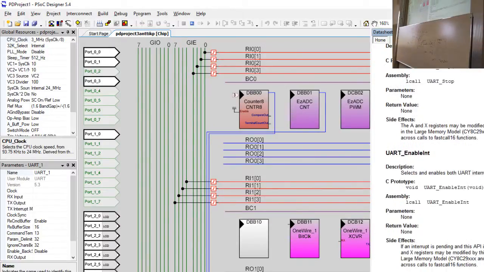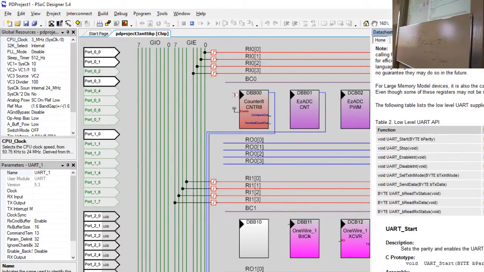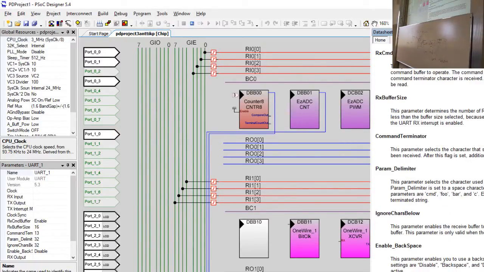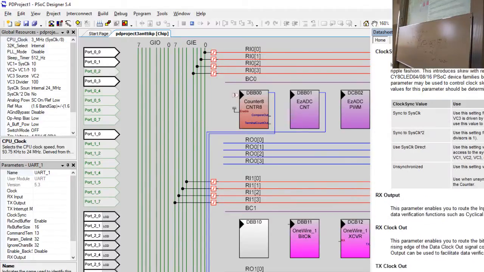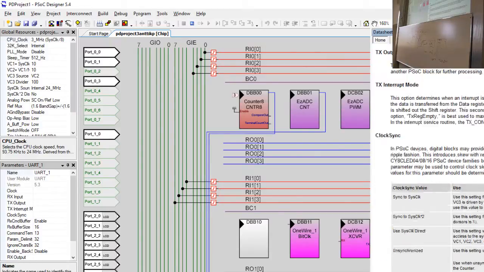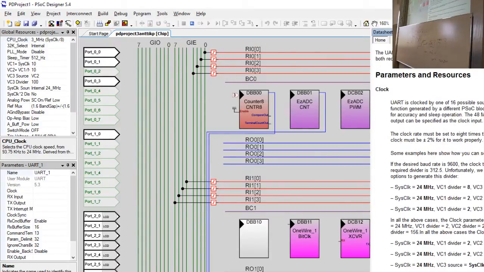It was in the middle of some text here. See, this is clock. Clock, yeah.